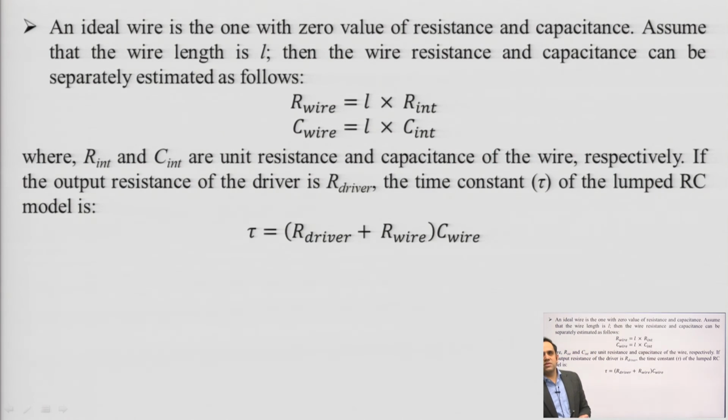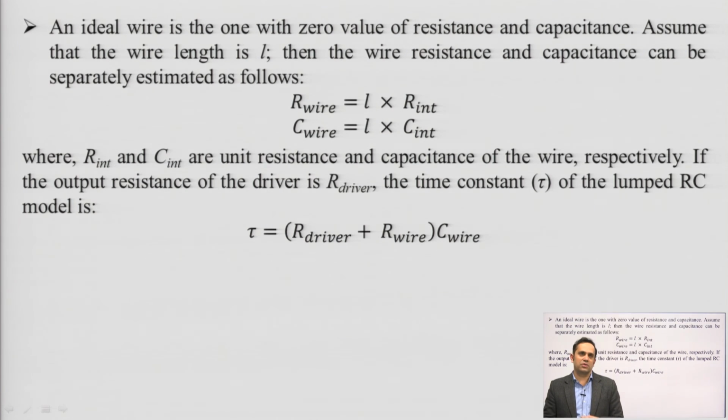The resistance of the wire is calculated by a formula which is length L times the unit resistance, or resistance of a wire of unit length. Similarly, you can describe C subscript int, which is the capacitance of a wire of unit length.